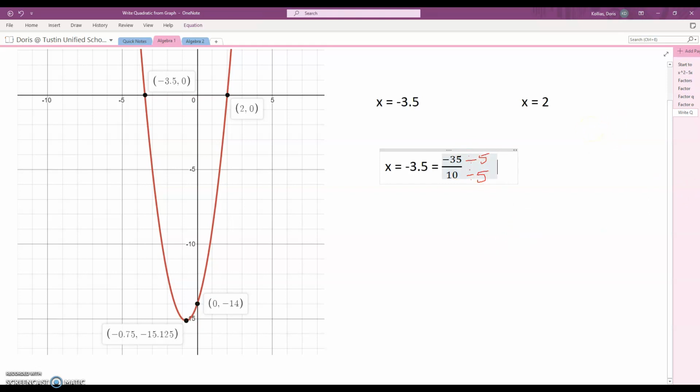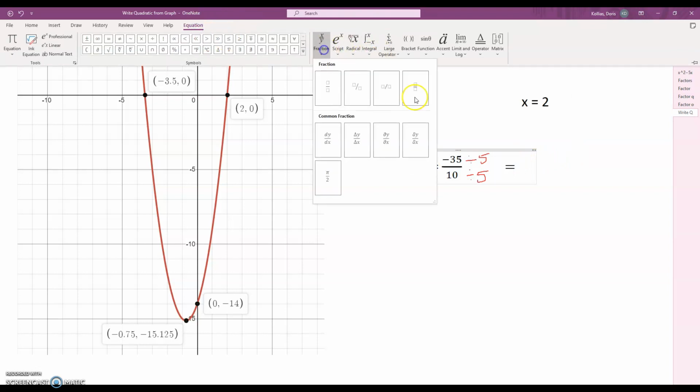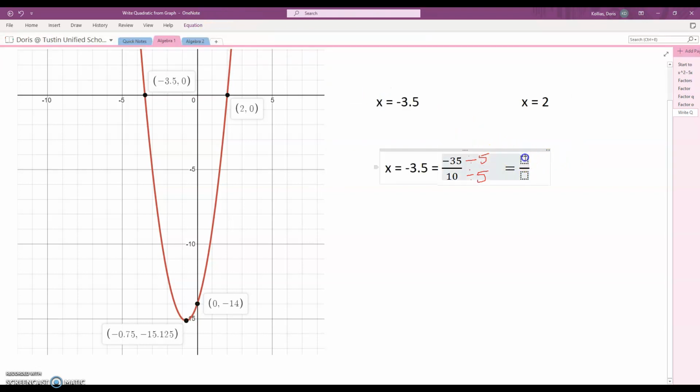Negative 35 divided by 5 is negative 7, and of course 10 divided by 5 is 2. So what we know is that x will equal negative 7 halves.